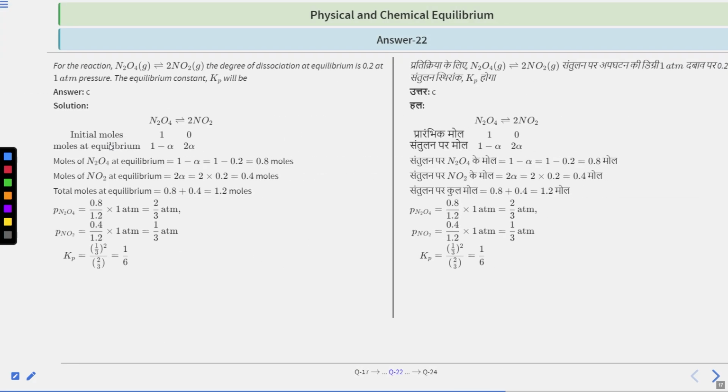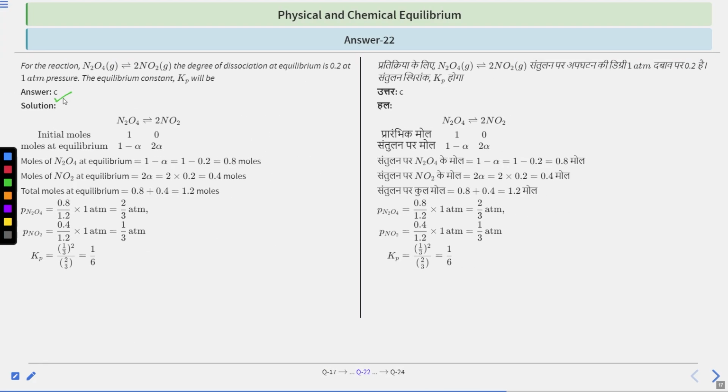Okay, so the answer is option C. As you know, this is the conversion given in the question. Initially, N2O4 has 1 mole and NO2 has 0 moles. Now at equilibrium, N2O4 dissociates by alpha, so it is 1 minus alpha, and NO2 is 2 alpha.